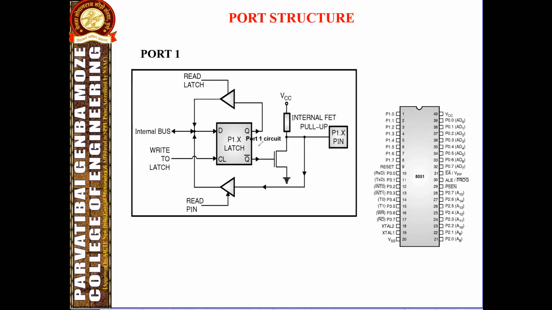Port 1 is for simple input output operation, so it does not have any extra function. Hence the output latch is connected directly to the gate of the lower FET. This is the gate terminal of this FET, and the output of this D flip-flop is directly connected to this gate.